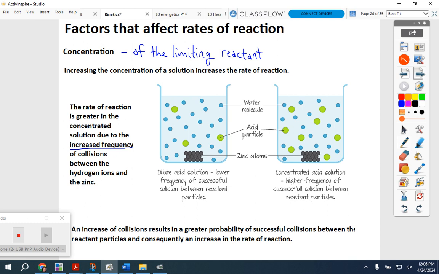But in any reaction, it's rare that you have the exact, and in some ways really philosophically impossible to have the exact number of particles to have the exact molar ratio of your reactants correct, so that everything is going to react exactly the way it says in the chemical equation. Usually you have a whole bunch of something and then some of something else.